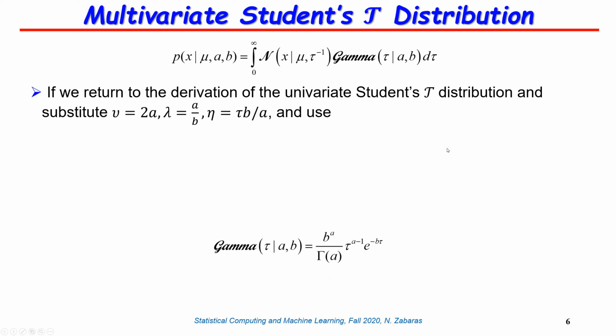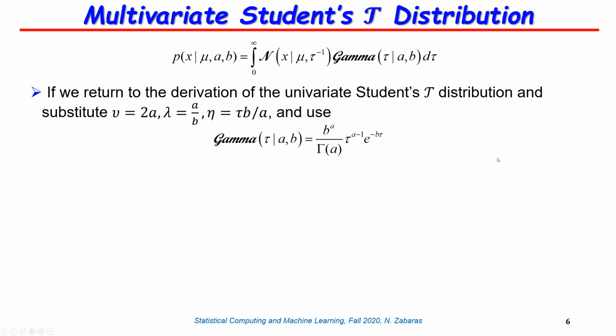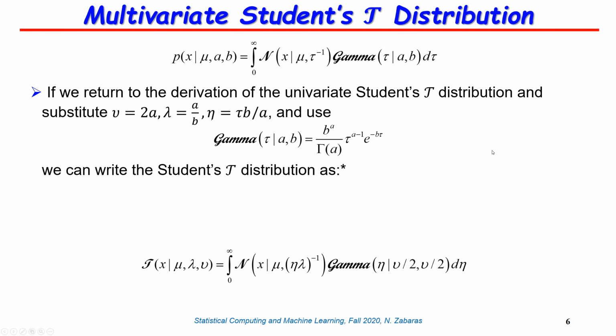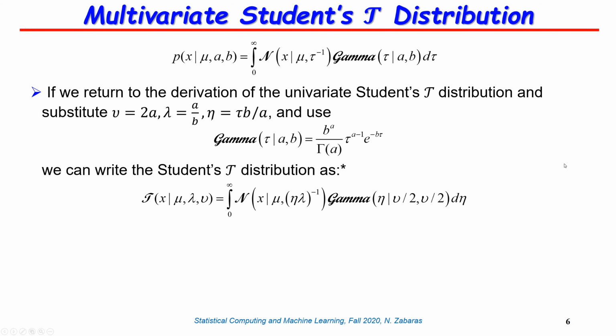Okay, so how can we do this? Let me go directly to the equation. This is our gamma distribution, and we're going to write the multivariate Student distribution as the result of the following integral. I'm running a little bit ahead of myself. This is actually a reparametrization of the equation that you see on the top, in preparation for doing the multivariate version of this equation.